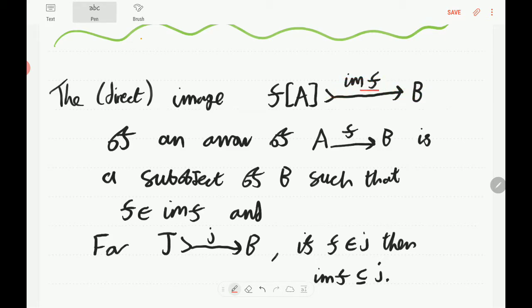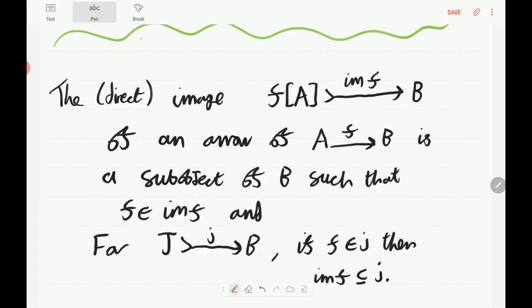And we think of this as a monomorphism from an object we call f[A] to B. And we define this as the subobject of B which is such that f is in Im f, and for any subobject J of B, we have that f is in J implies Im f is contained in J.